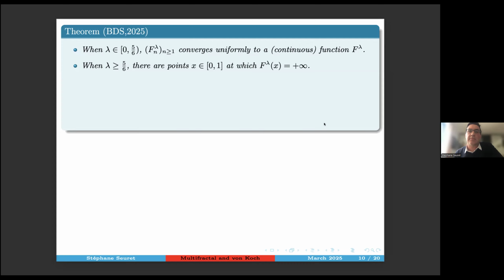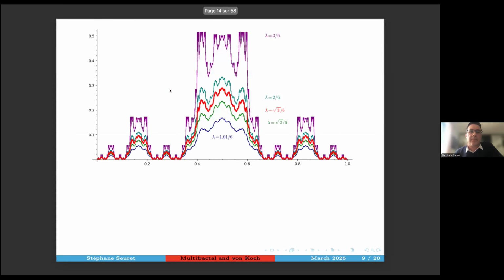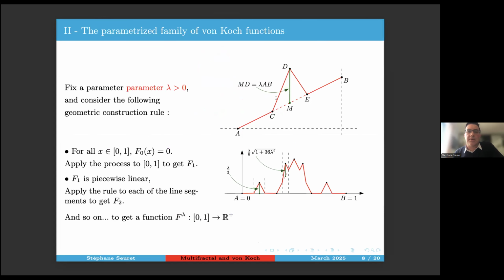There's another question in the chat from Maxime, which is asking what determines the angle between MD and AB. The question is not exactly the angle. The angle will depend on the original angle, because what matters is the length. It's the length of MD that is fixed and depends on the segment.